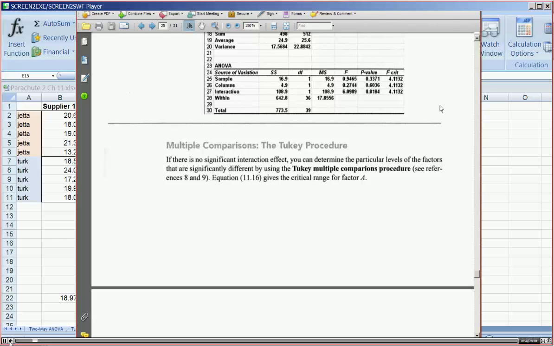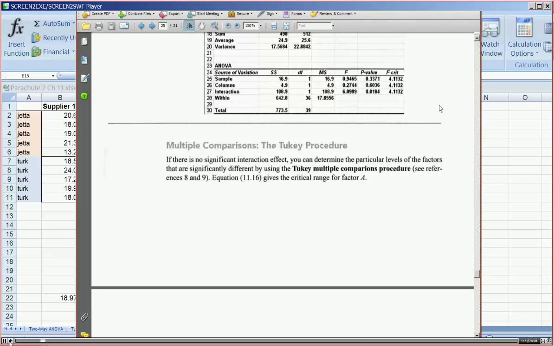This is going to be a simplified task because this multiple comparison analysis, this Tukey procedure, will be almost an exact copy of what we did for one-way ANOVA, with one exception: the number of data points, that is the number of parachutes tested, is twice the number that we had in one-way ANOVA.